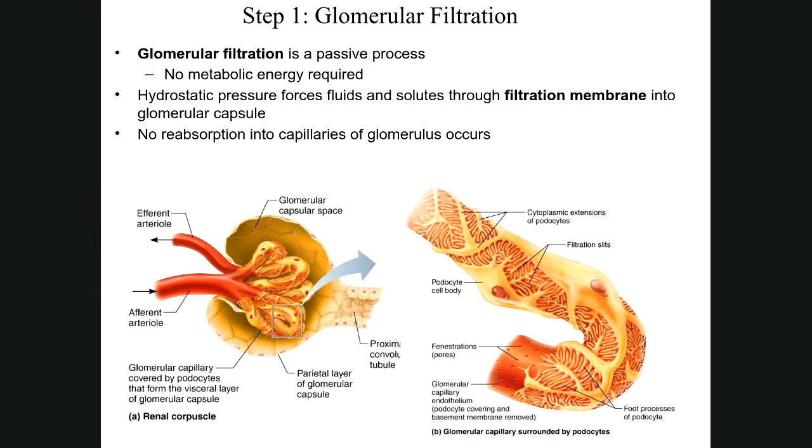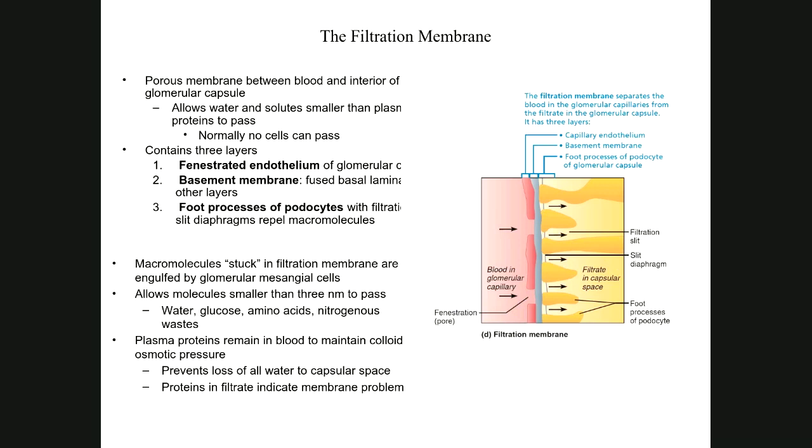What does filtration membrane mean? It's this porous membrane between the blood and the interior of the glomerular capsule. It allows water and small solutes to pass. Normally, no cells can pass. It contains three layers. We have the fenestrated endothelium.